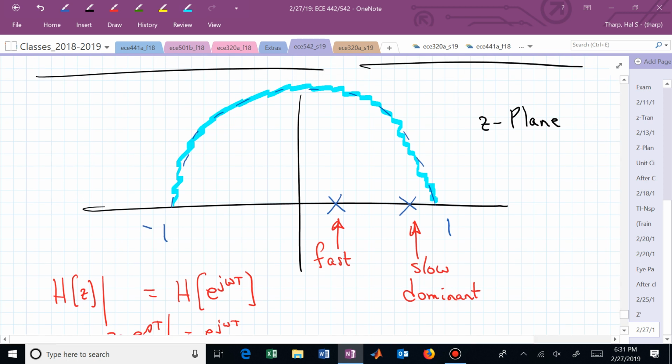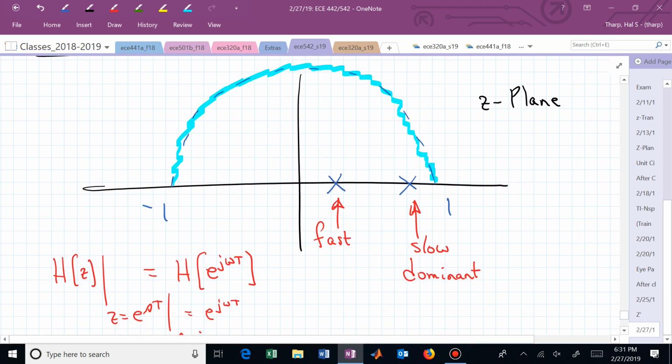And now this doesn't go from DC up to infinity, does it? Because we've now sampled. We go in the s domain from 0 to infinity. Now we don't go that far.